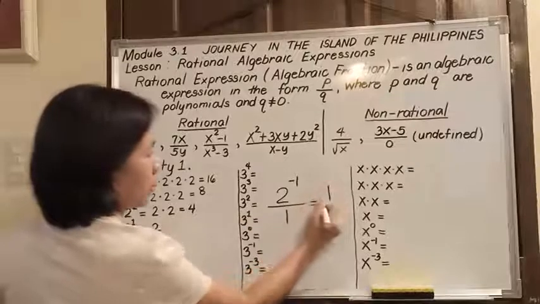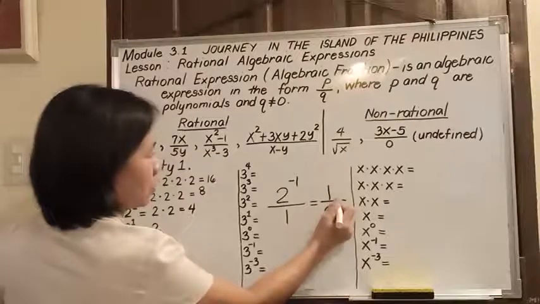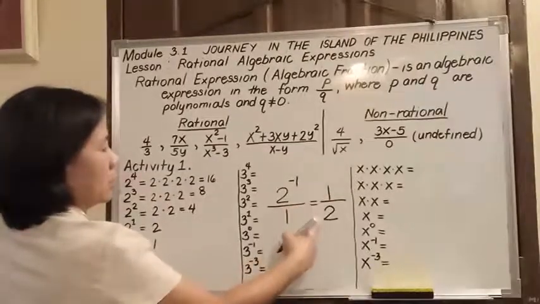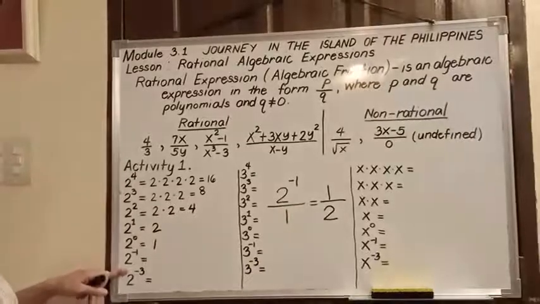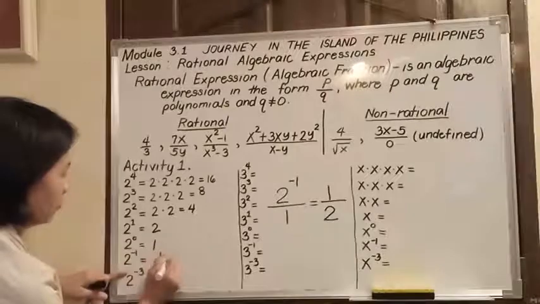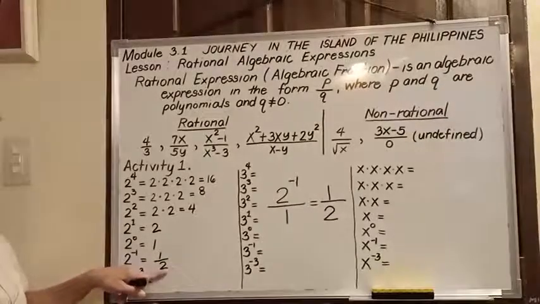Numerator will become 1. And then with positive exponent, that is positive 1. So this is 1/2. So 2 raised to negative 1 is equivalent to 1/2. Understood that the exponent of 2 is positive 1.